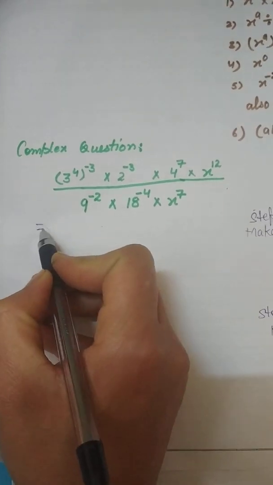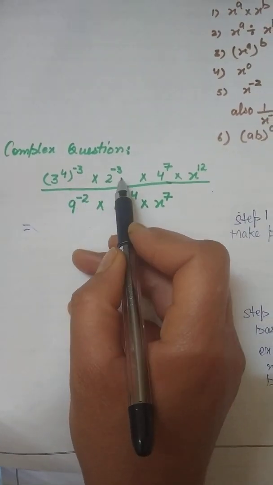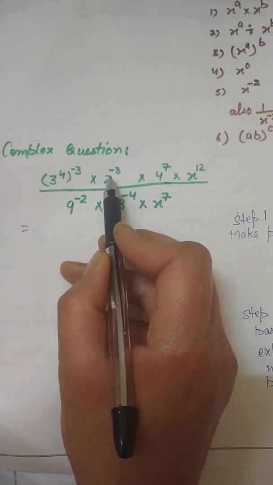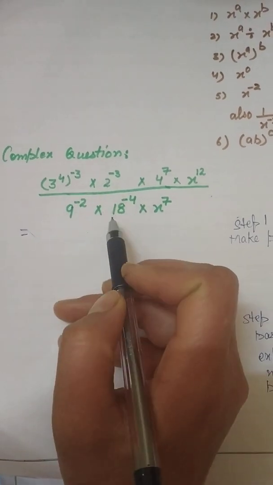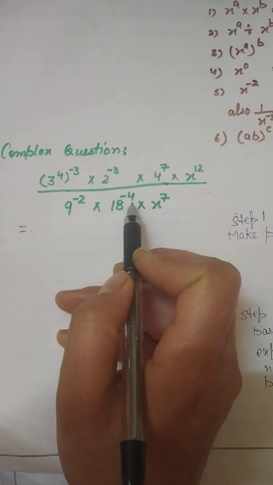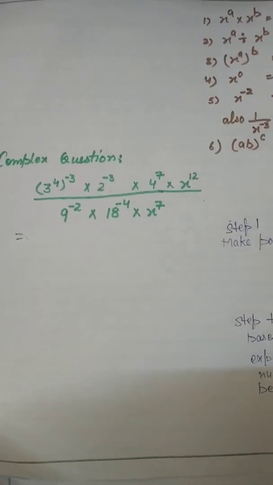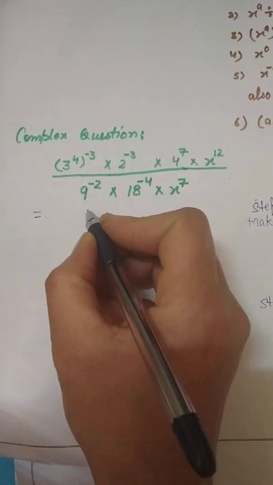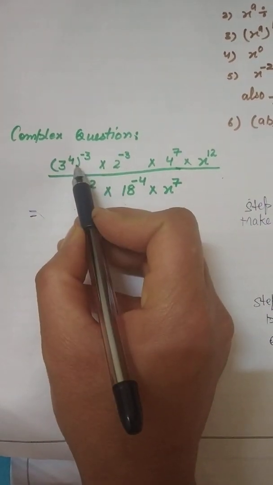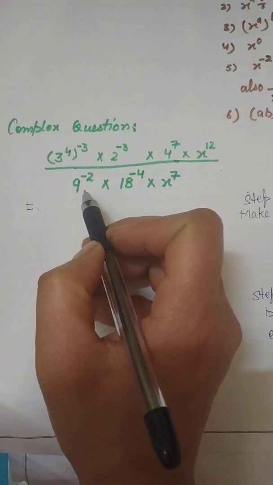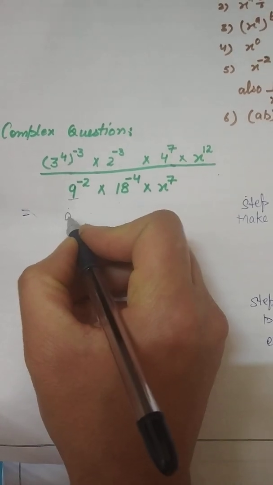How do we make the power positive? This is negative, this is, so these two are negative. To make them positive, they will be shifted to the denominator, and these two have negative powers. To make them positive, these two will be shifted to the numerator. Simple, don't make it very complex. So this won't come in the numerator, it will go to the denominator. Numerator things are 9 raised to power 2.